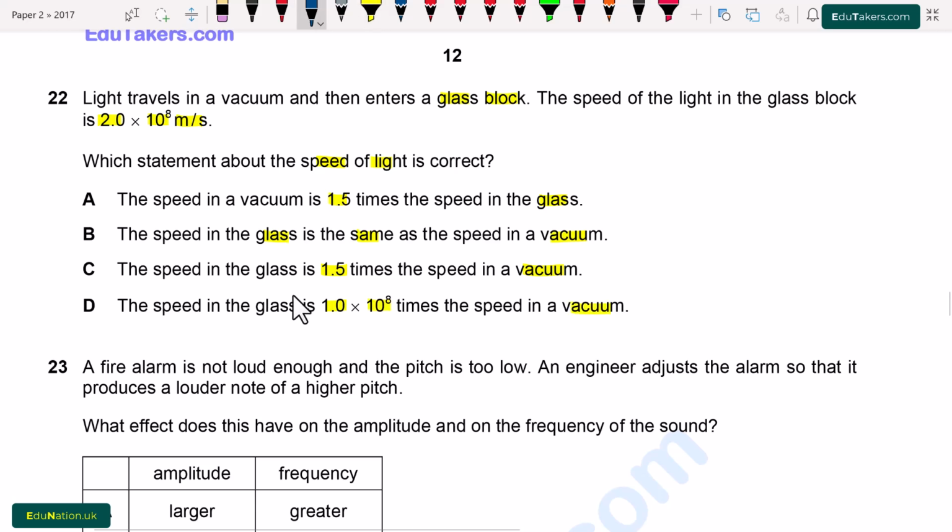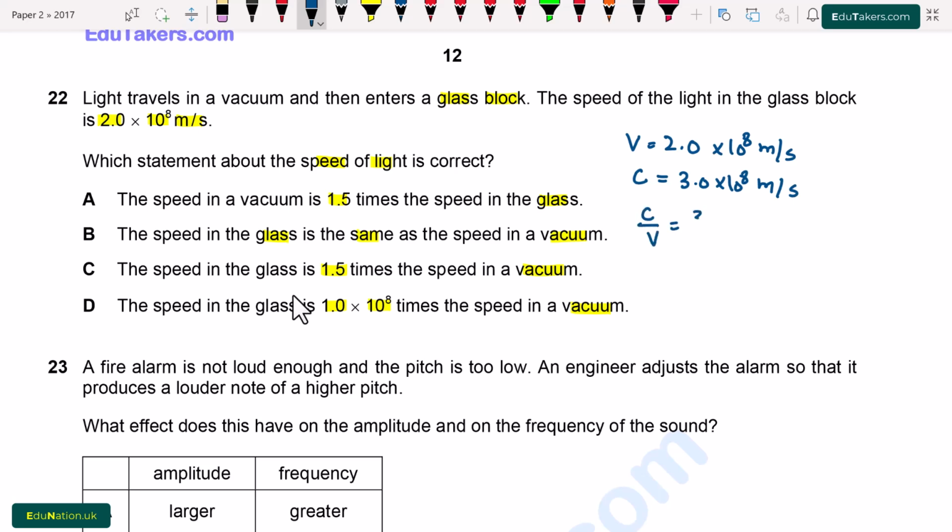First of all, it is given that the speed of light in the glass block is 2.0 × 10^8, so I write here V = 2.0 × 10^8 meters per second. Next, we know that light travels in a vacuum with the speed of light, so c = 3.0 × 10^8 meters per second. Now we have to find the ratio of c over v.